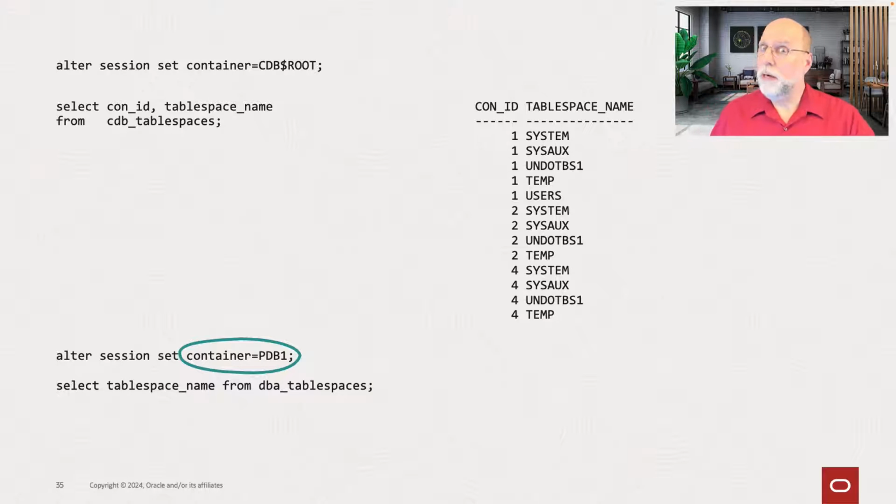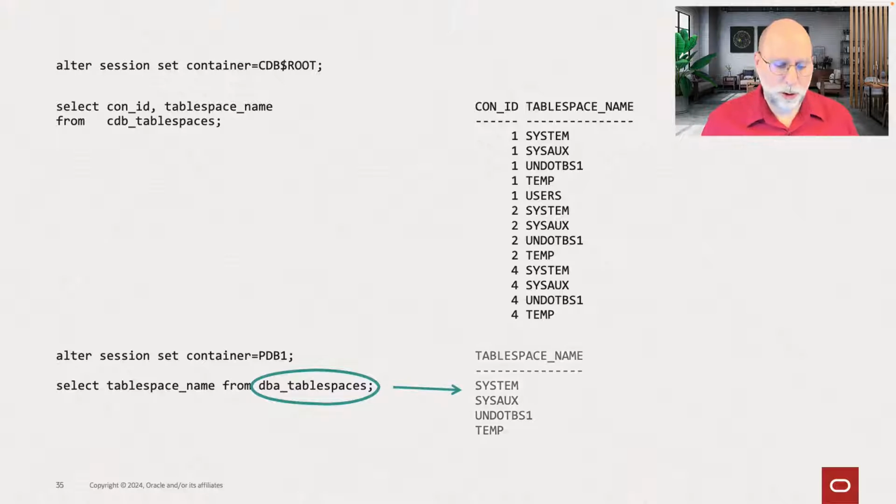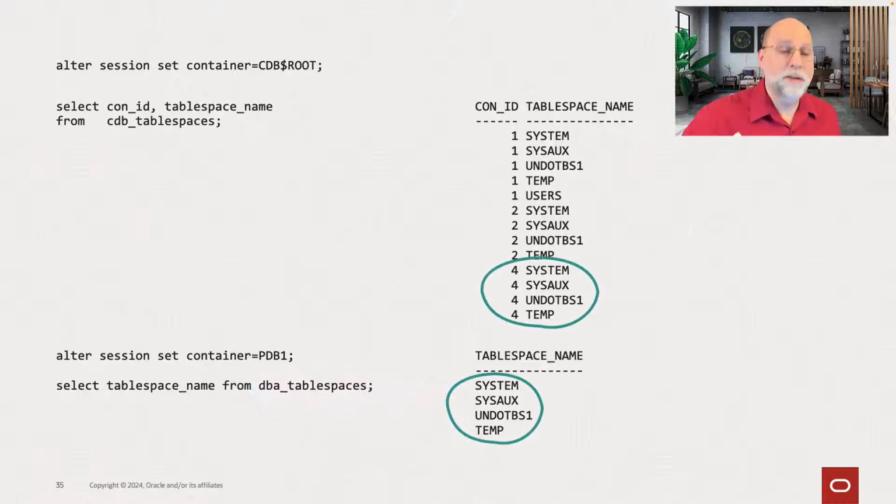So if we go now to PDB1, where we're in the context of just that pluggable database, even as a privileged user, and we issue that query looking at tablespace_name from DBA_TABLESPACES, what we will see is only the tablespaces that apply to my pluggable database. So as a DBA, you get a lot of access and ability to monitor from the CDB root context.